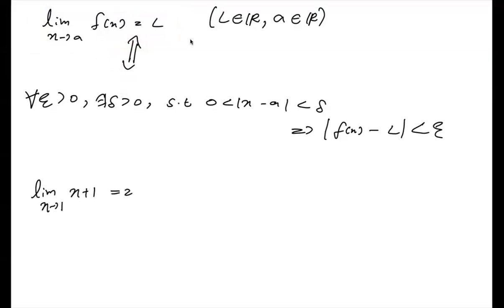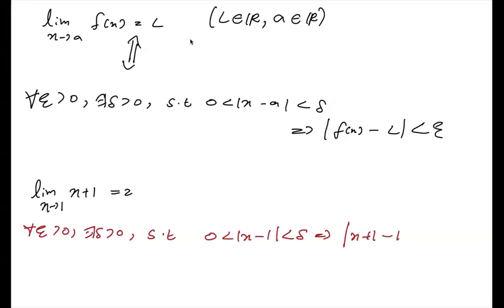If you need to prove that, you need to prove that for all epsilon greater than 0, you can find some positive constant delta such that 0 less than |x minus 1| less than delta implies |x plus 1 minus 2| less than epsilon.